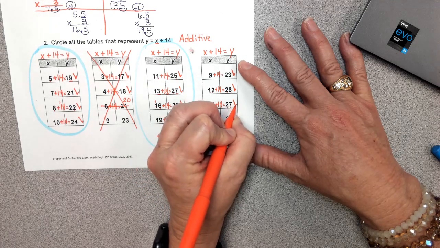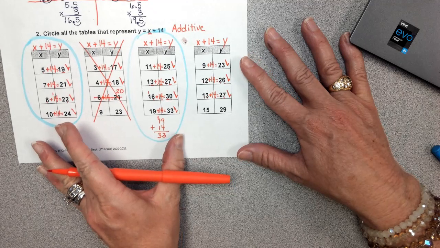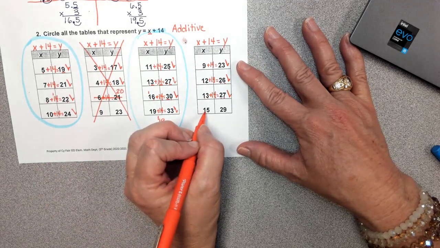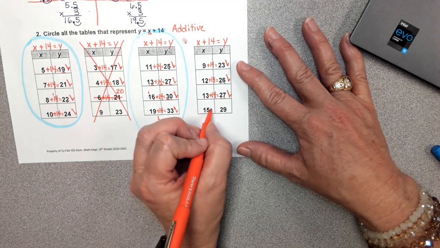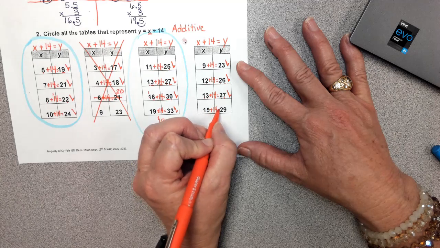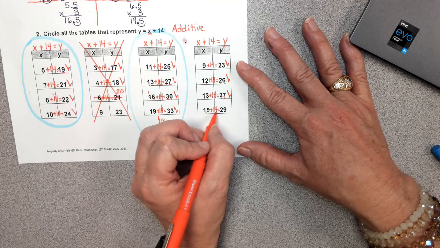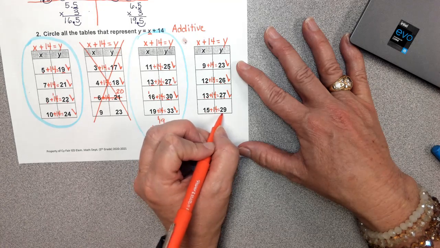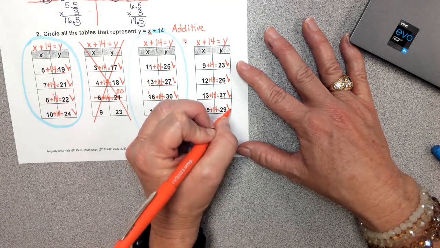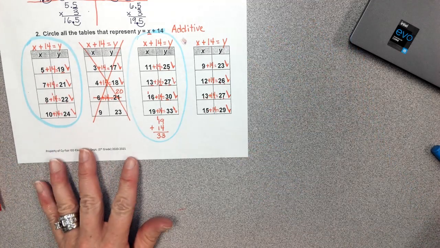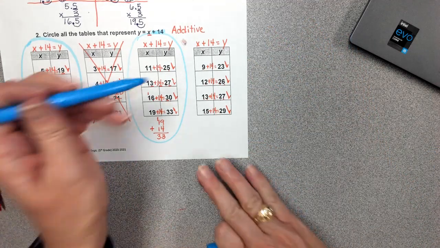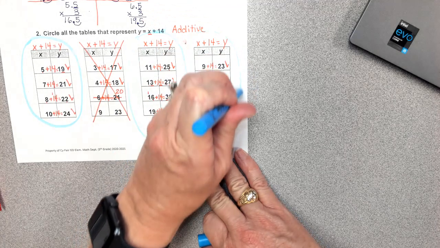So 27 is the correct number. And finally, if I'm at the number 15 and I add 14, well, I know 15 plus 15 is 30. So if I have 1 less, that makes sense that it would be 29, and this also follows the rule. So this time we have 3 tables that are following the rule.